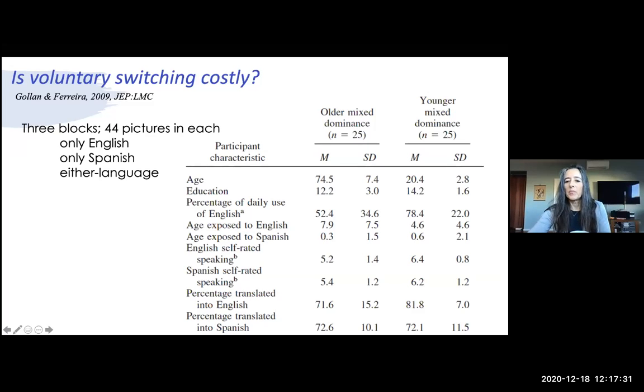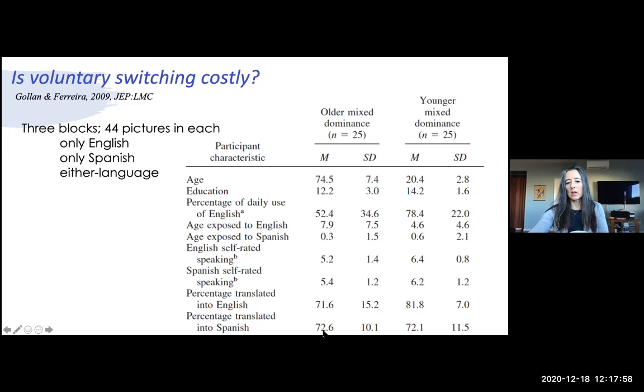But you'll notice something, because in addition to this, this was before we had the naming test, but at the end of the experiment, we asked participants to translate all of the words that they saw from one language to the other, to have some objective measure. So for example, the older participants rate their ability in Spanish as lower than what the young participants did.